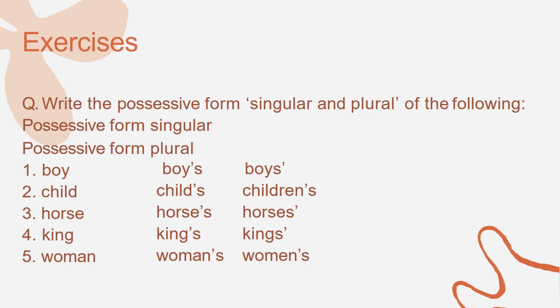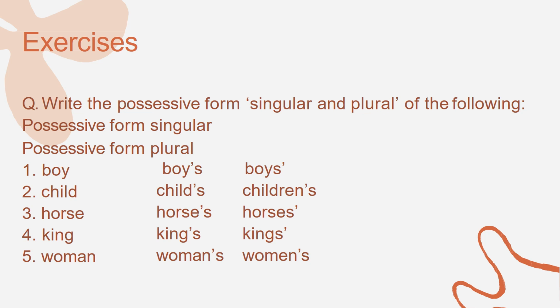On the other hand, the plural of child will be children, and we will add an apostrophe s because, as I told in the previous slide, even if the word is plural, we can still add apostrophe s because it is not ending with s.